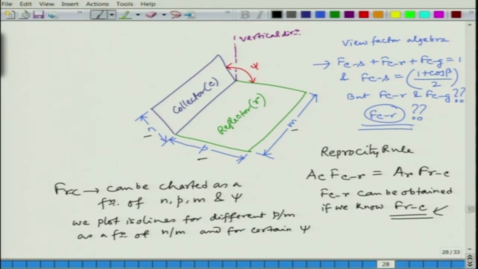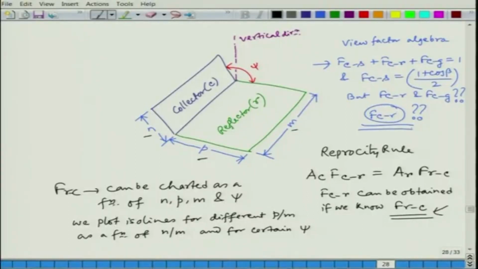Okay. So, that way we take care of all the 4 parameters that FRC depends on. So, let us look at such a chart.